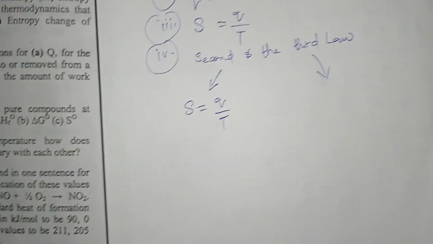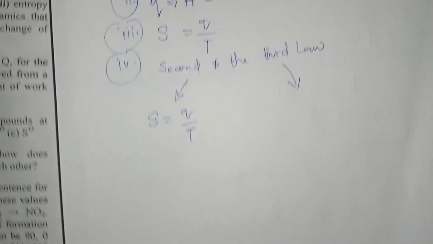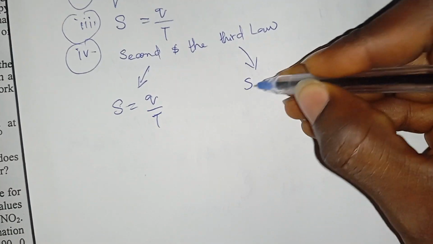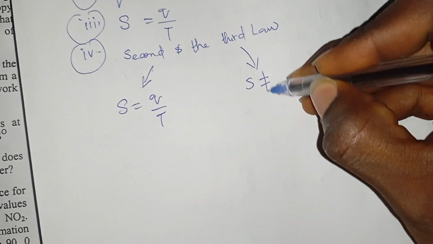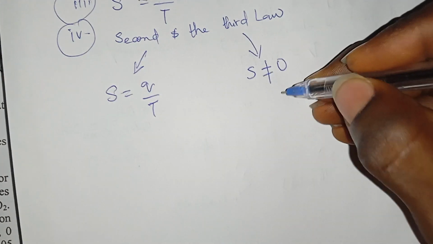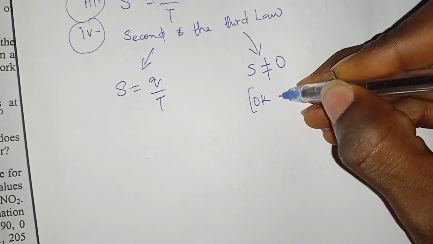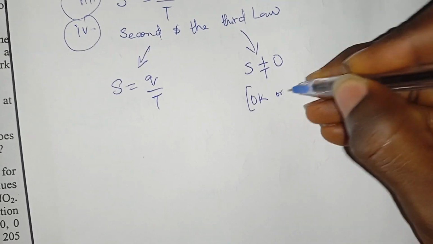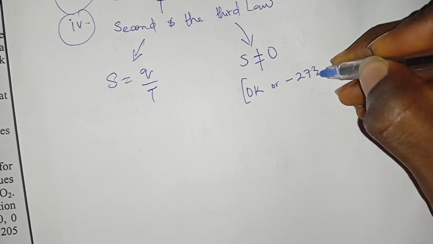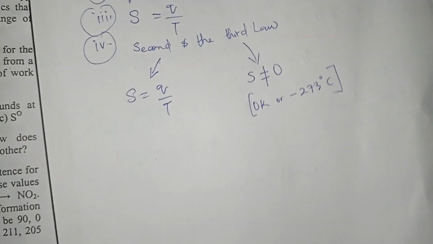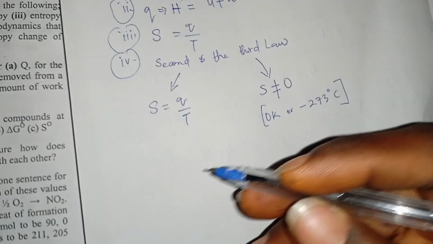This means that S is not equal to zero at 0 Kelvin, or minus 273 degrees Celsius. This is the third law of thermodynamics.